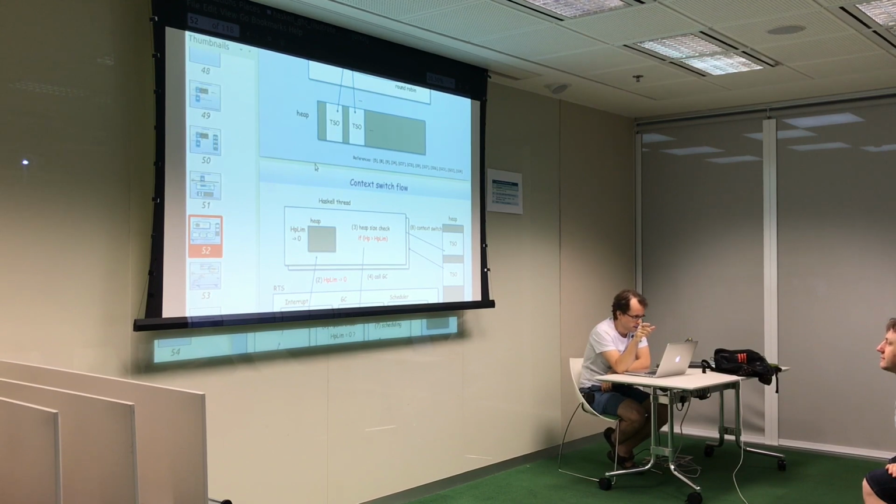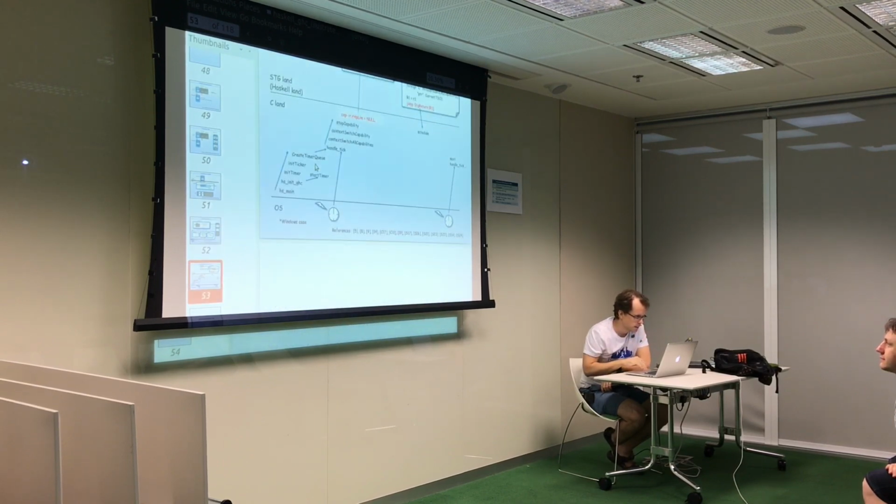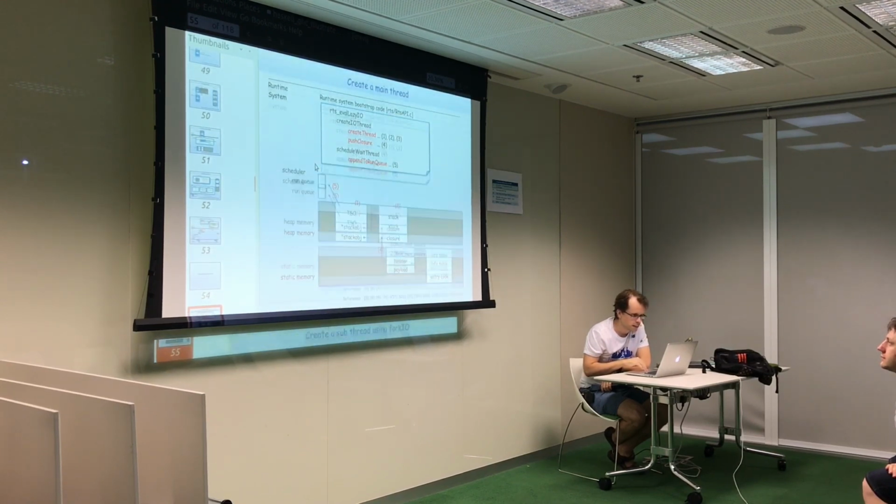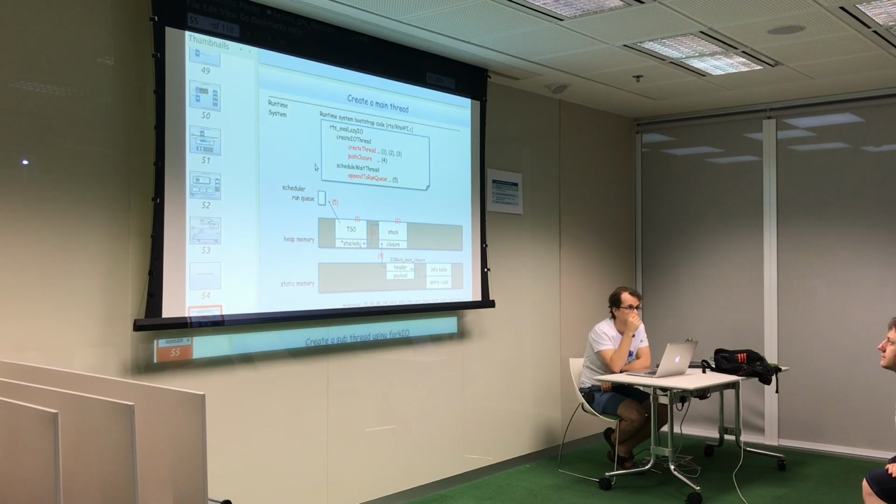And when GHC tries to migrate, it does a bunch of checks. For example, you don't want to migrate a thread that is pinned to a specific OS thread unless the capability migrating to is running on that OS thread.